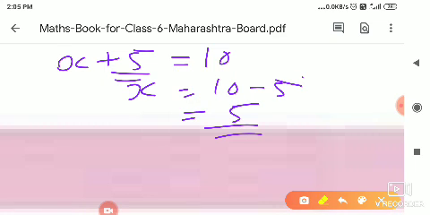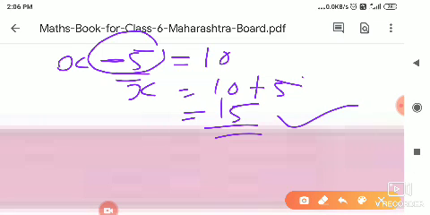Here, instead of positive, if I give a negative sign, then this negative 5, if we change its position to the RHS of the equation, will change its sign and become positive. So 10 plus 5 is equal to 15. Clear? That is about addition and subtraction.